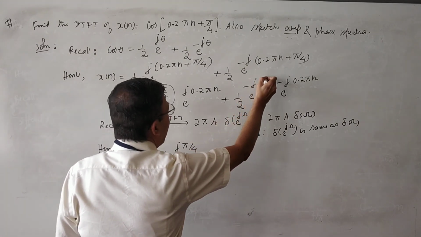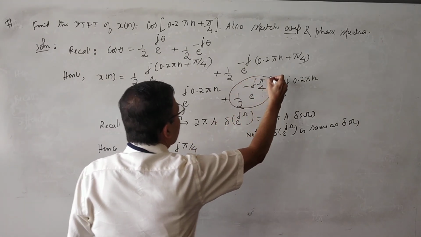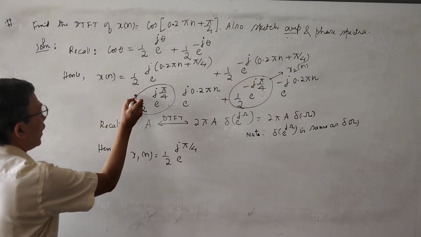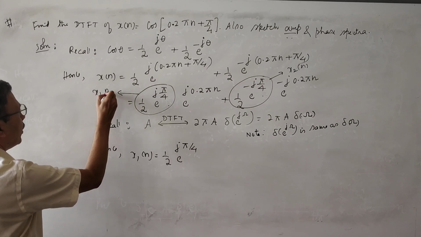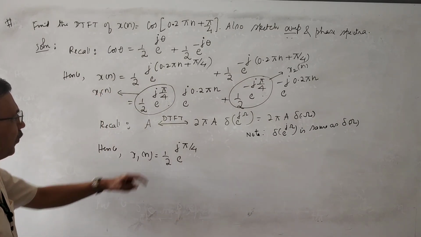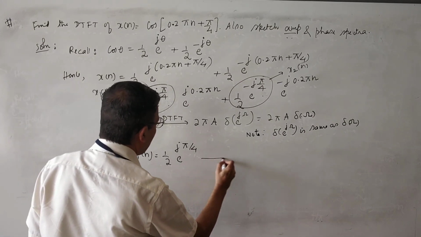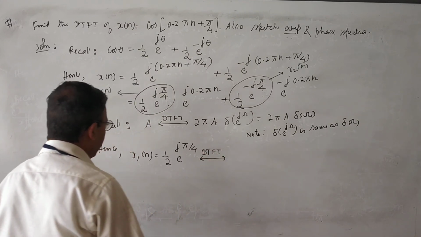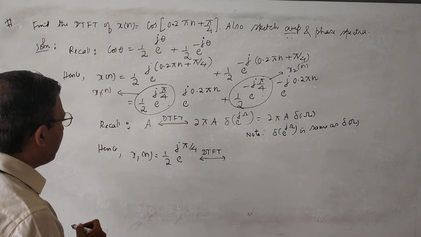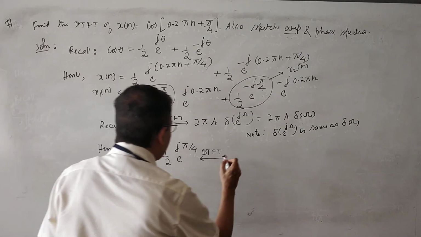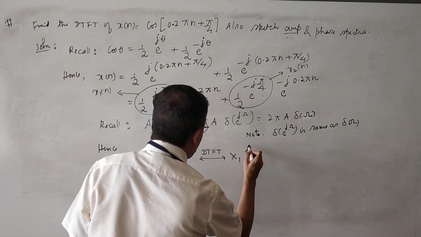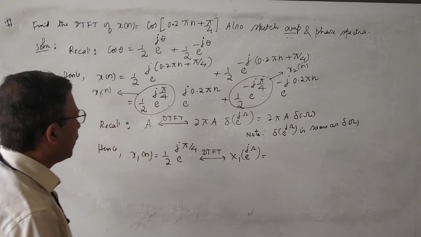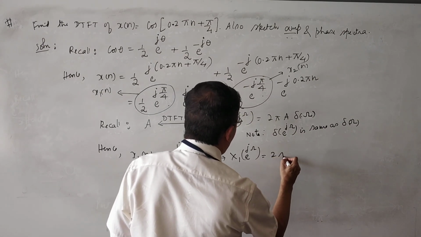And this I will take as x2 of n. x1 of n equal to half into e to the power j pi by 4 will have a discrete time Fourier transform x1 of e power j omega equal to 2 pi times a.